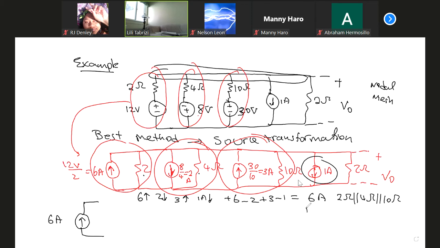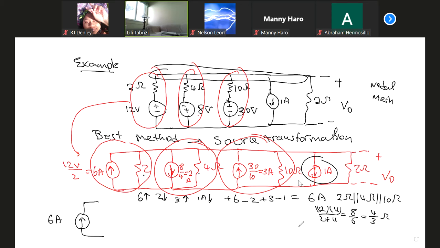You can combine any of them first. Let's do the calculation. You can use the inverse or any way that you can find for 3 resistors. First I combine 2 and 4: 2 times 4 divided by 2 plus 4, so it's 8 divided by 6, which is 4/3 ohm.